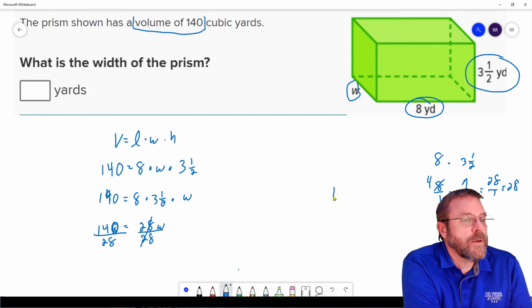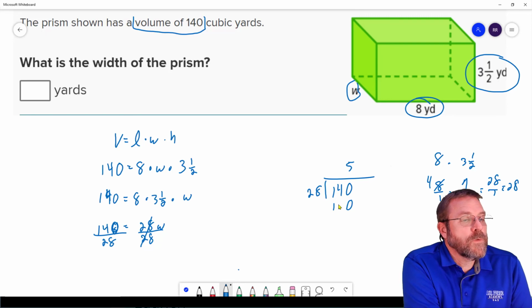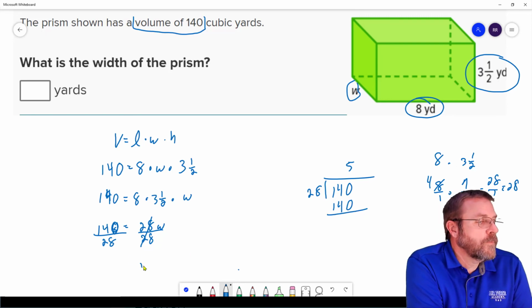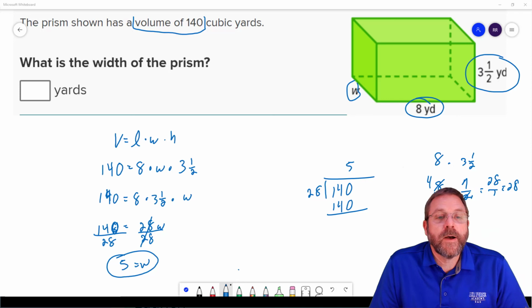So let's try that again. 140 divided by 28. 28 is going to go into that 5 times. 5 times 8 is going to become 40. 5 times 2 is going to be 10, plus 4 is going to be 14. And would you looky there, the width of that box is going to be 5 units, and the unit is going to be yards. So it's going to be 5 yards.